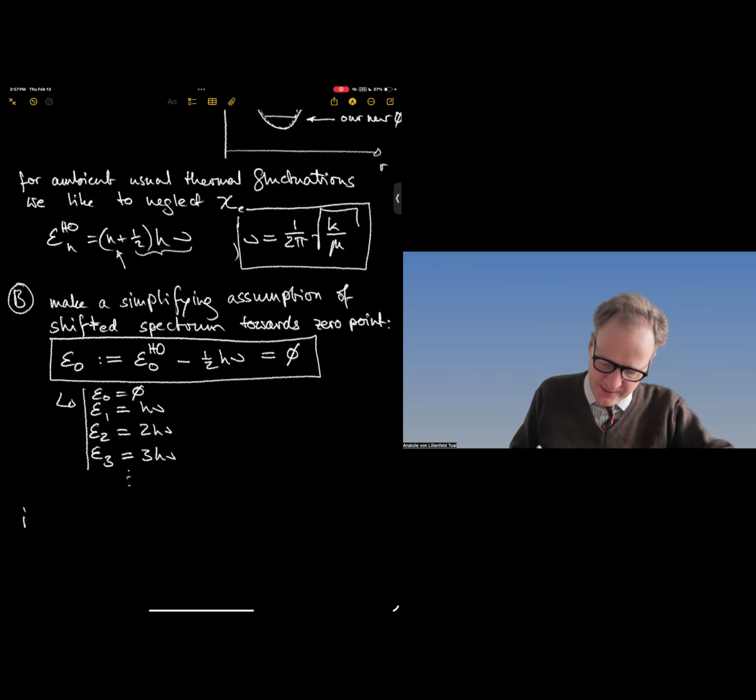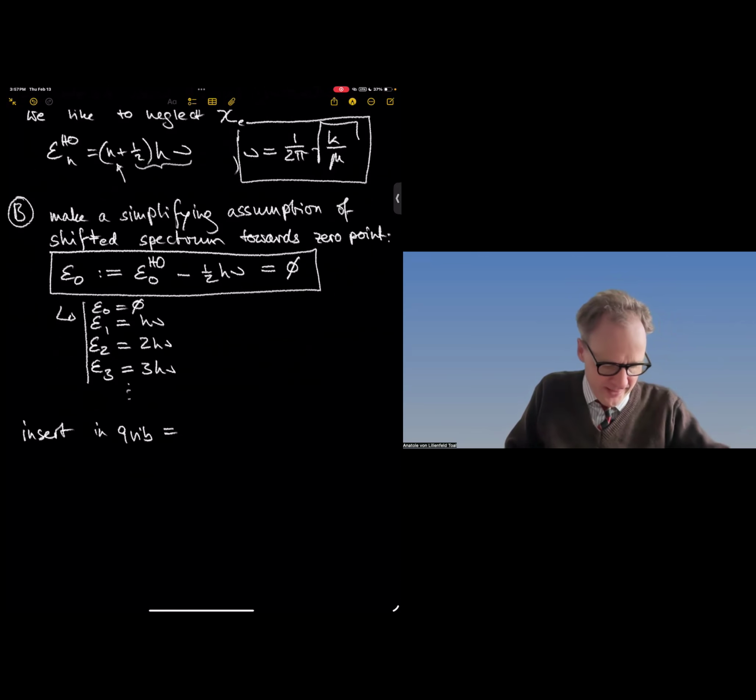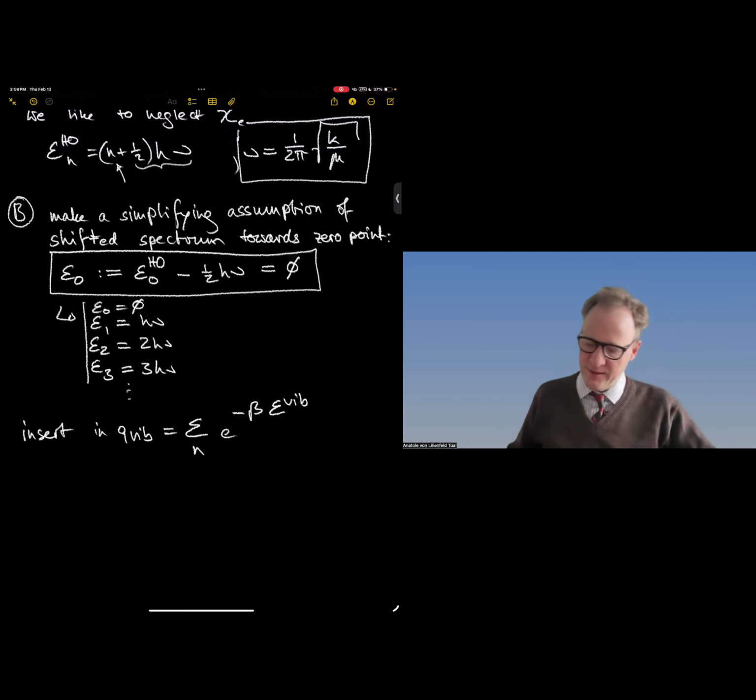Now we insert this in our partition function, which, as always, is the sum over our states. We use the index n for vibration, just out of convention, of e to the minus beta epsilon vib n, okay?